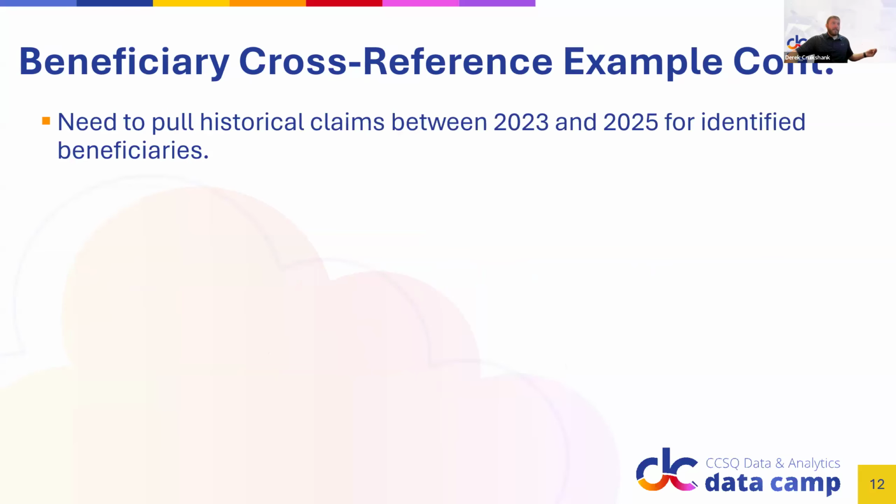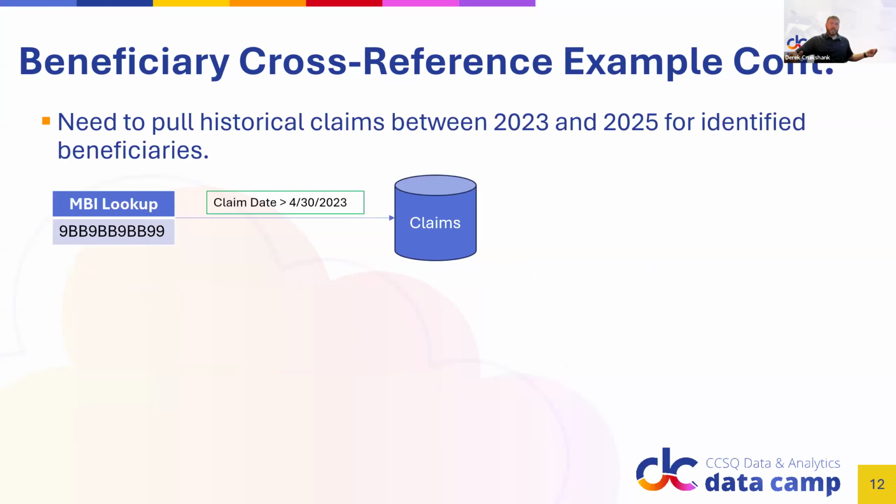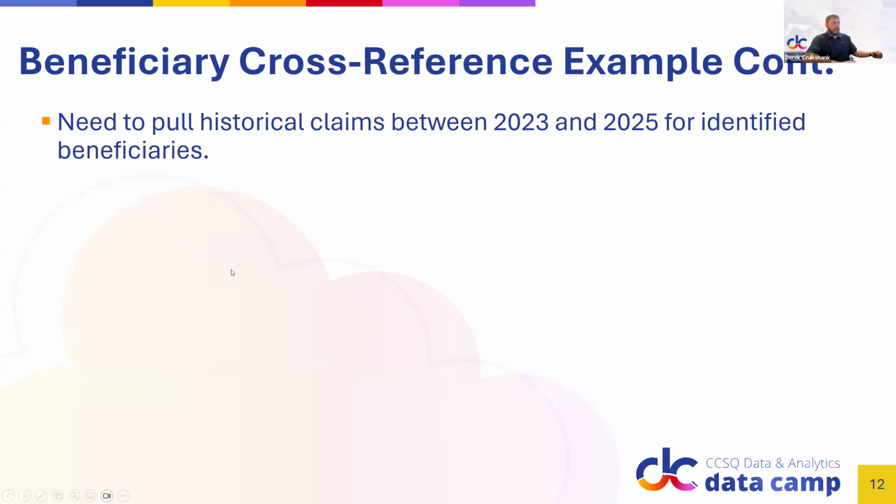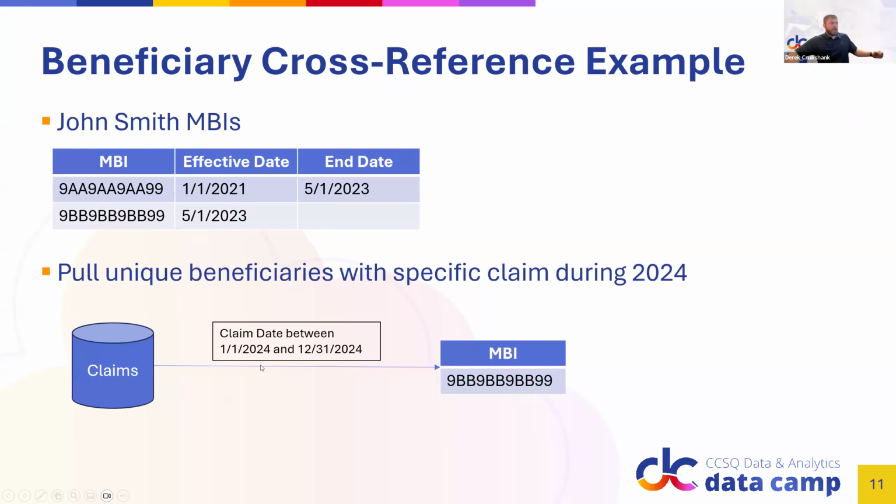We've got our list of beneficiaries, but we want to pull historical claims, not just the specific claim we're looking for, but also claims that maybe occurred after the time period. Well, if we simply take the one value that we found at the time we pulled it, when we look at it being in 2024, we would have pulled the new values, right?